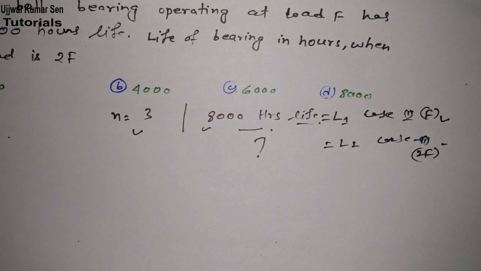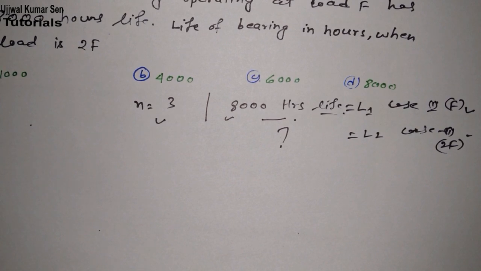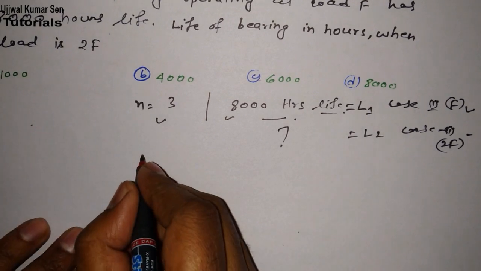Now, according to the formula, what is the formula for finding the life of a bearing? That is the most basic formula to find anything related to life of a bearing. There are 3 important components given, and 4, because we can also find out what type of bearing we have. So let's go for that formula.